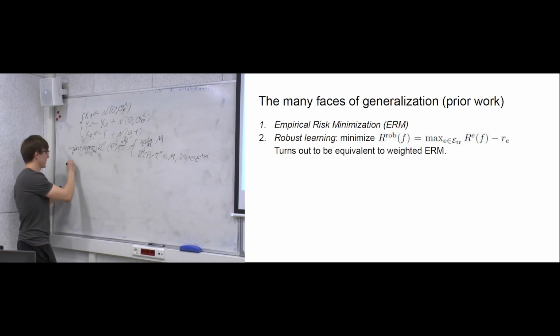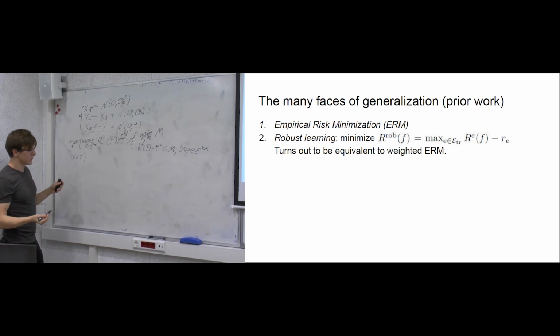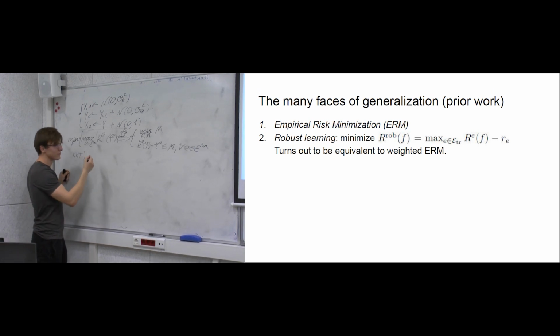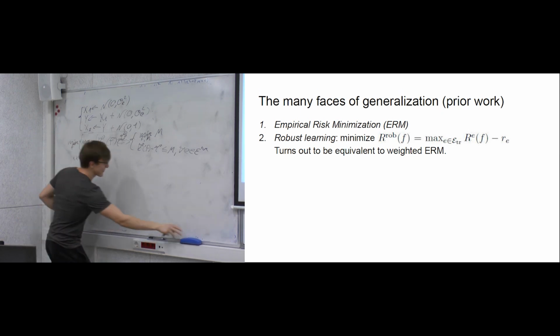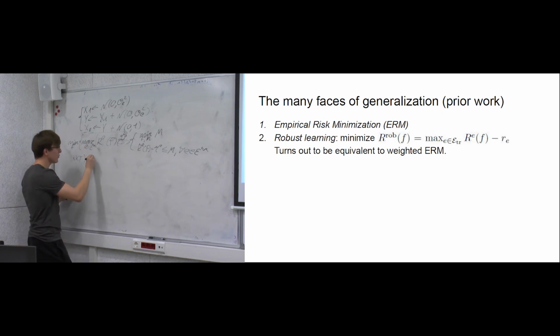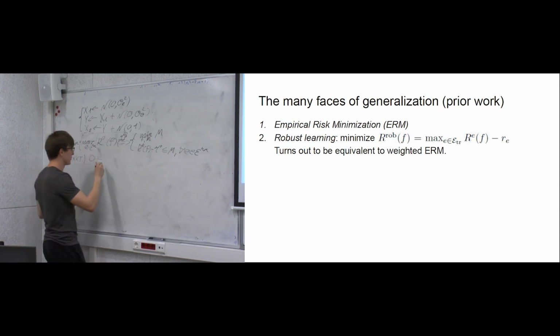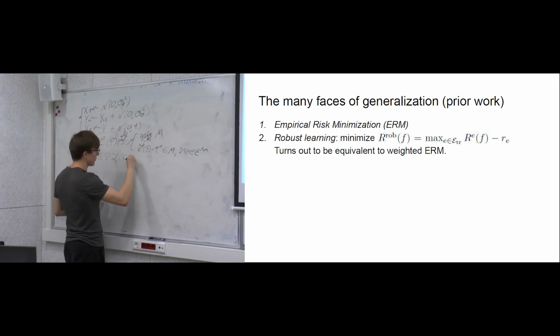Then I write KKT, so just the derivative. I put the derivative of my Lagrangian to 0.